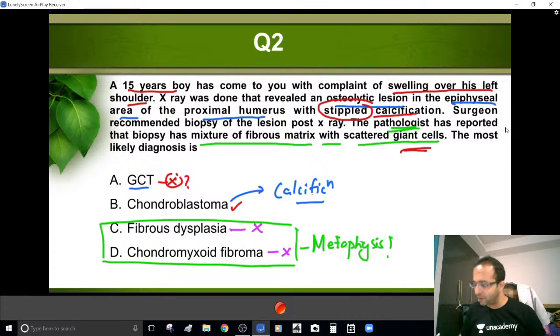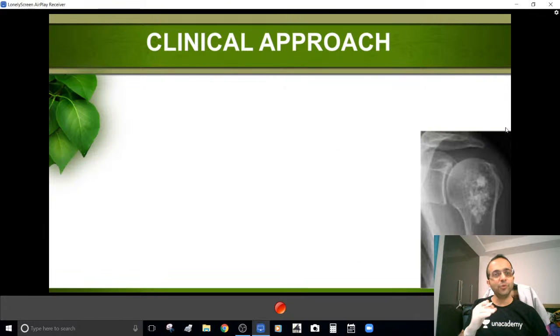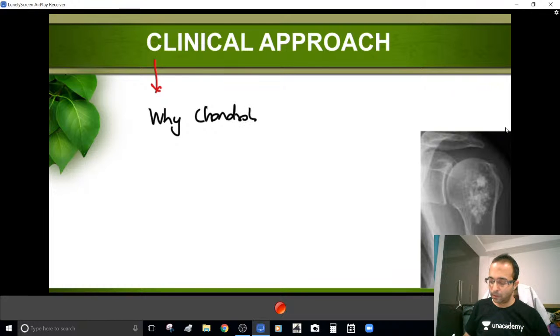Because there are giant cells. Very simple. You just need to know about giant cell variants. So what you need in this particular question are two things. First, why are you saying it is chondroblastoma? Second, why not GCT?